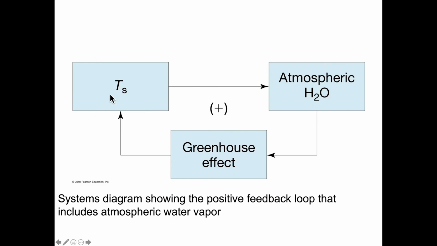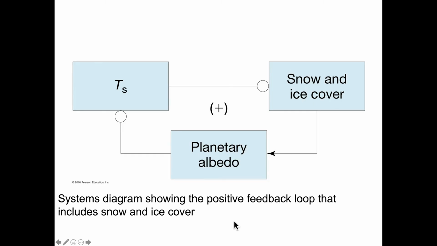So if nothing stops this from happening, we end up in a runaway greenhouse effect like the planet Venus, which is 460 degrees centigrade at the surface, compared to Earth, which is 15 degrees centigrade at the surface, a much lower temperature.